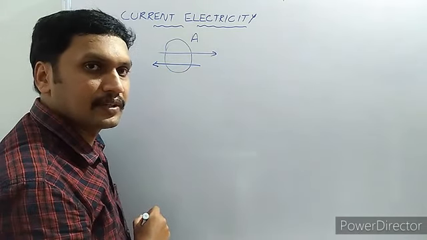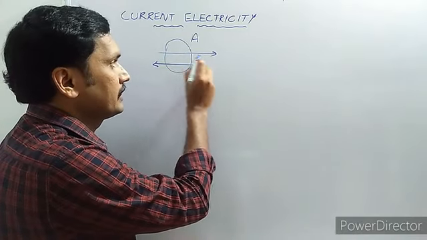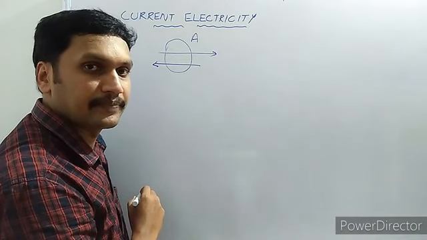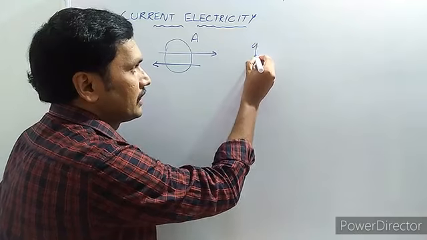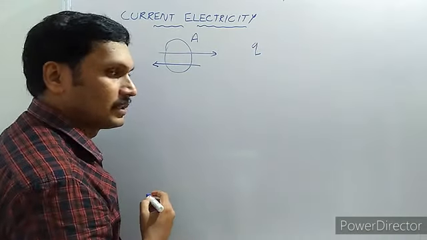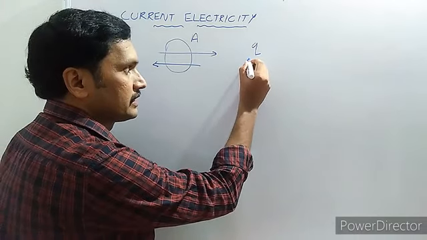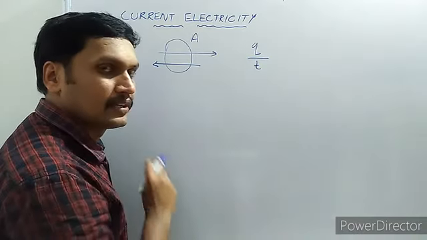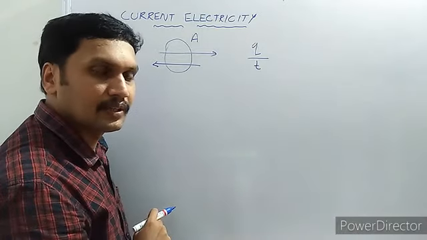We are just finding the total charge flowing in the forward direction in a given time. Suppose Q is the total charge that flows in the forward direction within a time t.